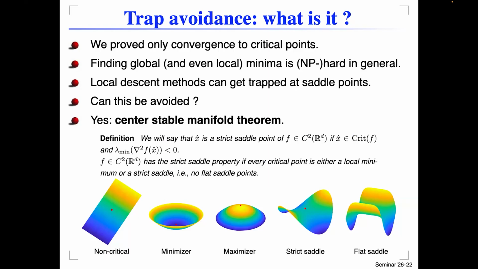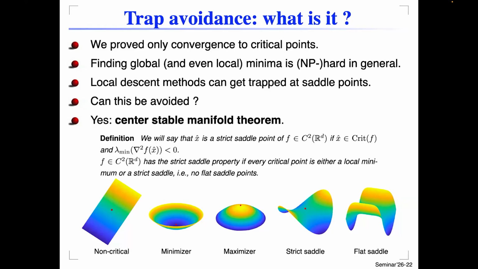And the answer, for those who are familiar with the Poincaré center stable manifold theorem, is precisely this idea. Essentially, what the center stable manifold theorem says is that the space can be stratified in a way that you're going to have a set of measure 1 on which everything will behave well, such that you're going to converge only to local minima, or at least avoid bad critical points.